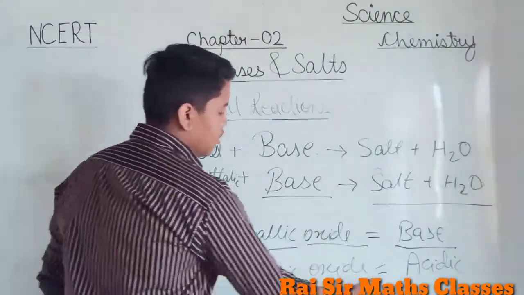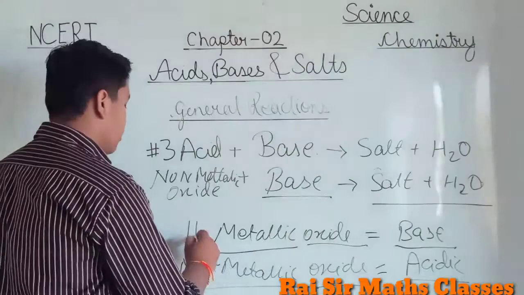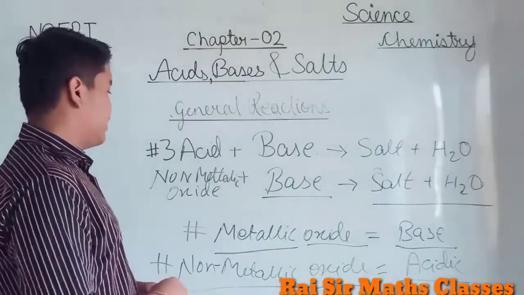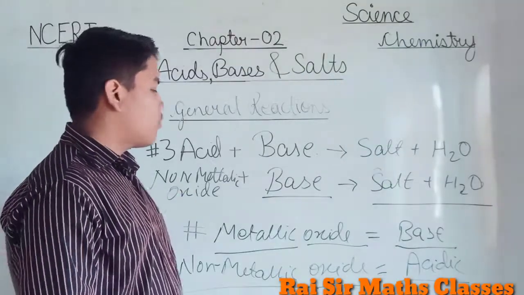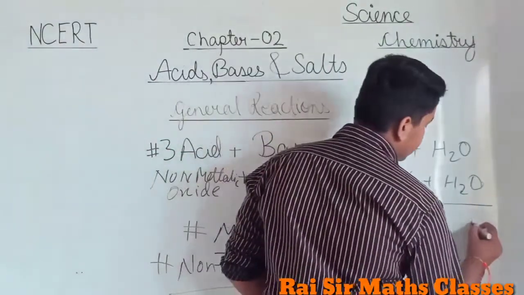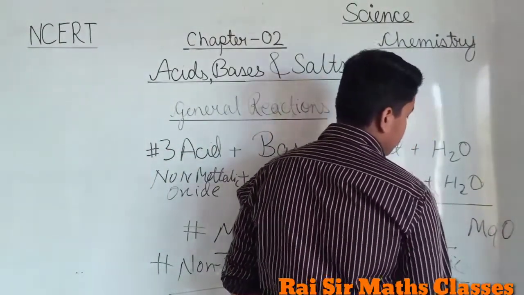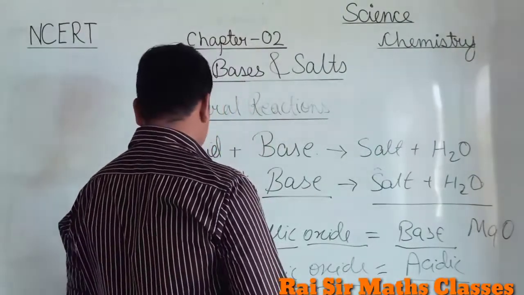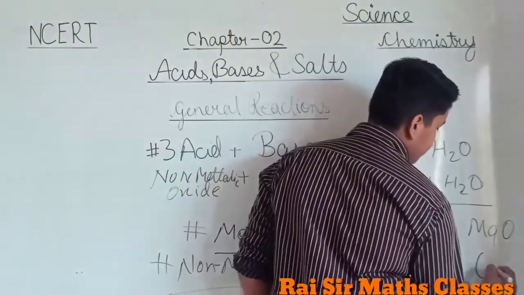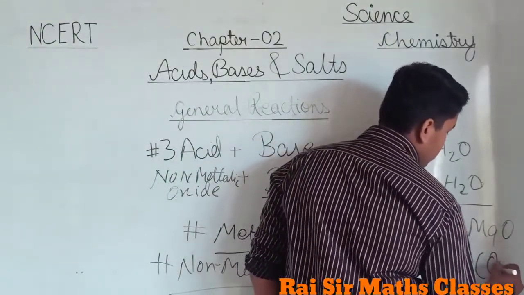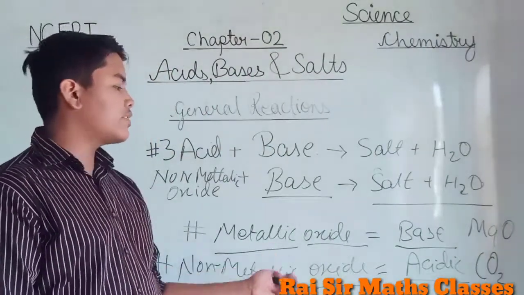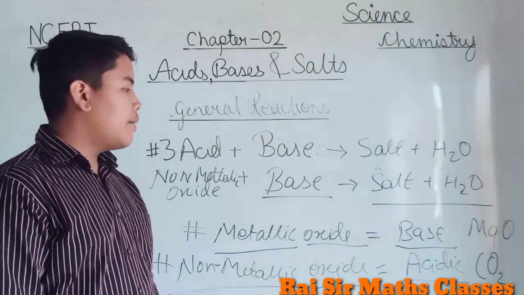These are the two important factors that you should learn for your board exams, and this is very important. Now some examples: the metallic oxide which is basic in nature is magnesium oxide, and the non-metallic oxide is carbon dioxide. These are examples of metallic and non-metallic oxides which are basic and acidic in nature.